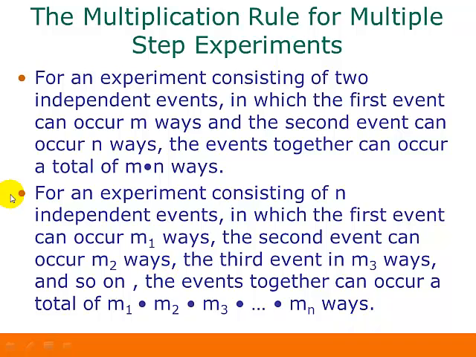An easier way to think about this is that to figure out the number of possible outcomes for a multiple step experiment, as long as the steps are independent, all we have to do is figure out how many ways each different step can happen and multiply all those results together.